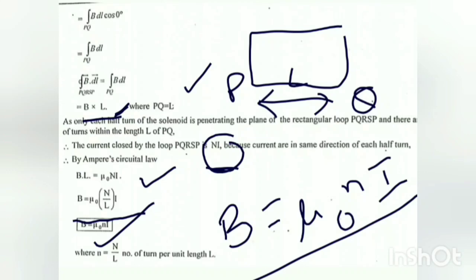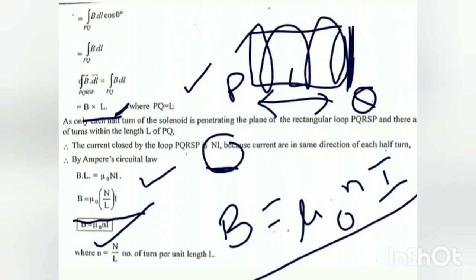Inside the solenoid, the magnetic field is always constant and it is equal to B is equal to mu naught ni. And outside the solenoid, the magnetic field vanishes to 0. When we talk about the ends of the solenoid, the value of the magnetic field reduces to half.